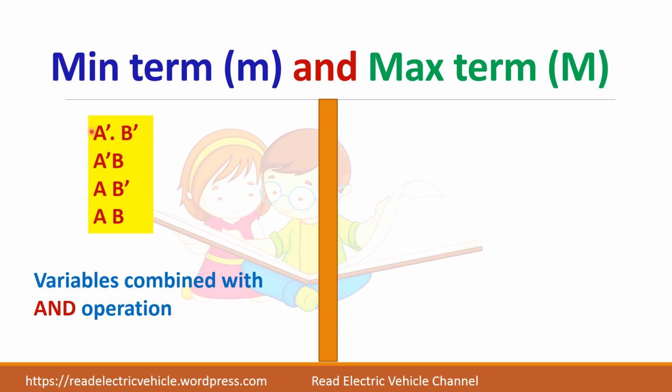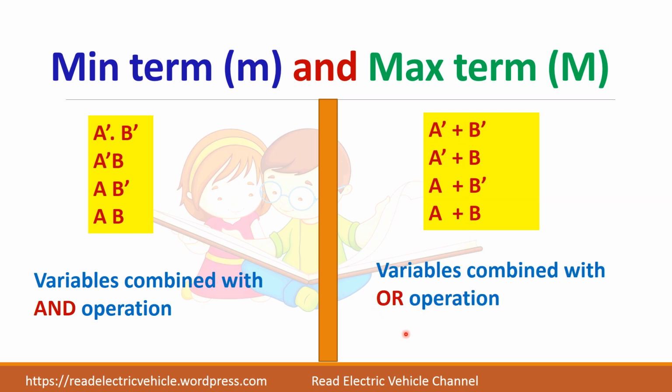So if I combine these two input variables using this AND operator, I call it a minterm. The same input variables, if I combine them using a plus operator or OR operator, we call it a maxterm. For minterm, you should use a small m, and for maxterm use a capital M.